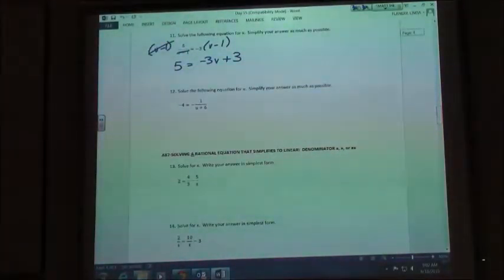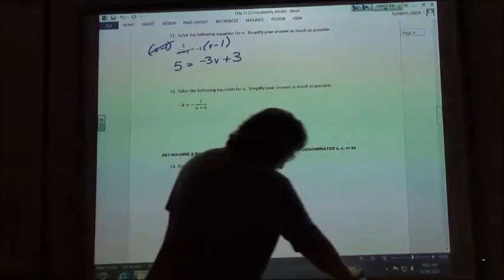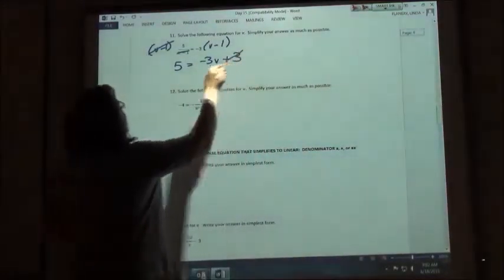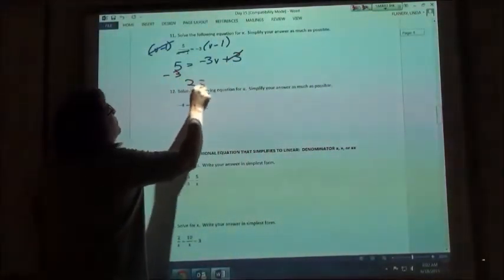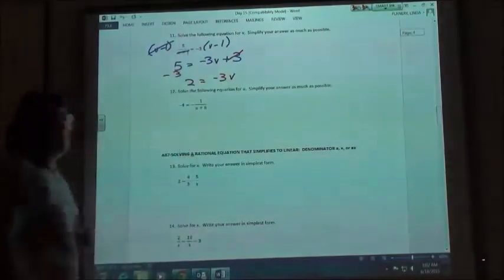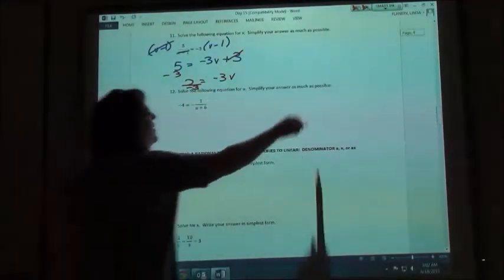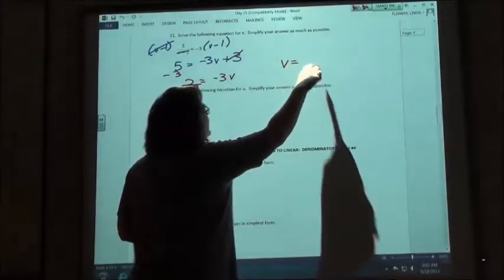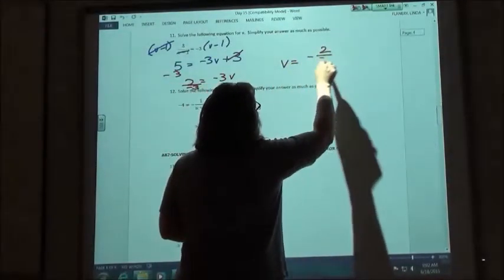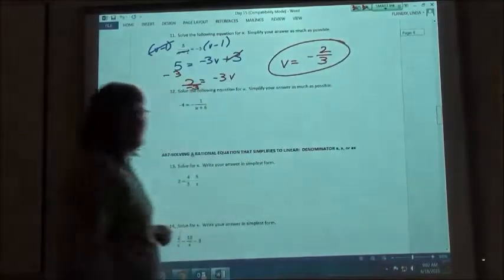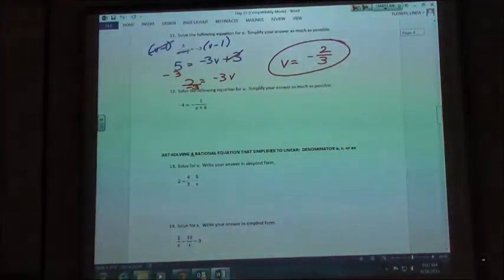I'm then going to subtract my 3. 2 equals negative 3v, and then divide, and my answer is negative 2/3.